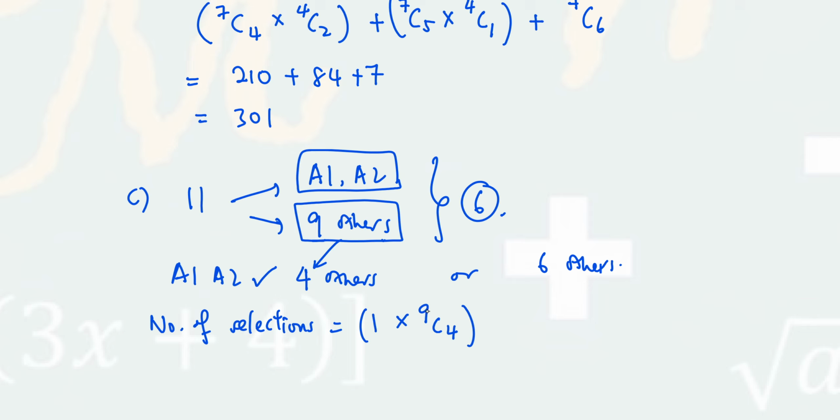You can directly write 9C4. All is plus. Now I need to choose 6 others from 9 others. The working will be 9C6. When you use a calculator, for the first one, 9C4 is 126, and then 9C6 is 84. So the total of this is going to be 210.